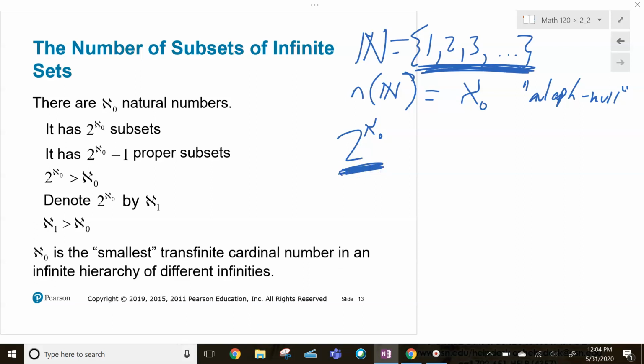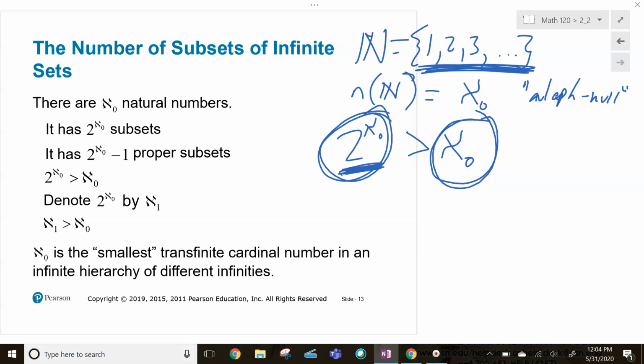But we know this is greater than the cardinality of the natural numbers, or Aleph Null, because the number of subsets would definitely be greater than the Aleph Null amount, right?